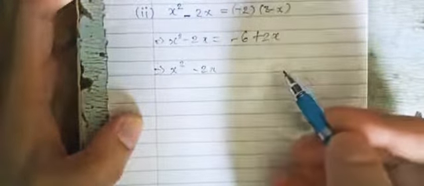Both of these terms will go to the left hand side. So minus 6 will become plus 6, plus 2x will become minus 2x, and that is equal to 0.